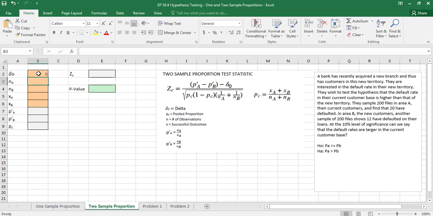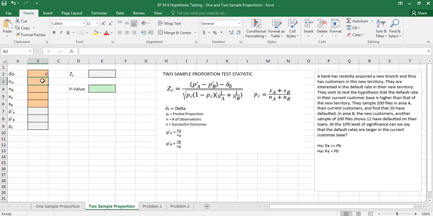The only time when this is not 0 is when we're trying to prove that one proportion value is larger than the other proportion value or different from the second proportion value by a specific amount. So, for example, if the question had said, can we say that the default rates are larger by at least 5% or something along those lines, then we would have a 5% in here. But in this case they had no such language, so we're going to leave that at 0.